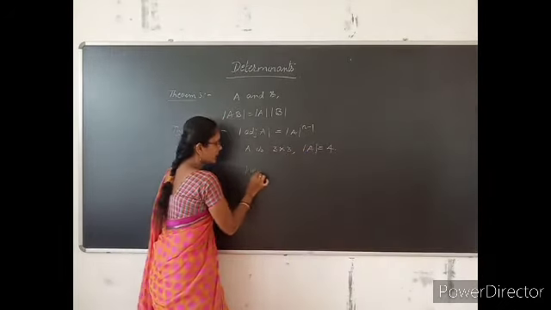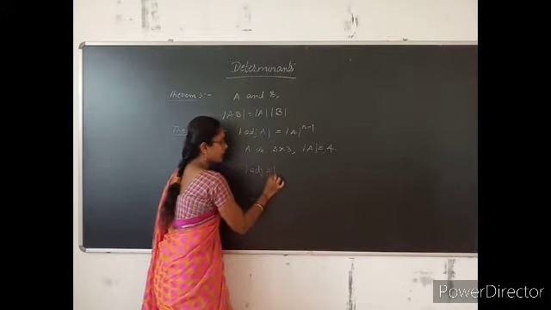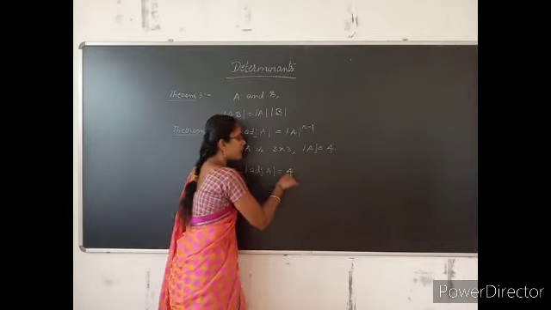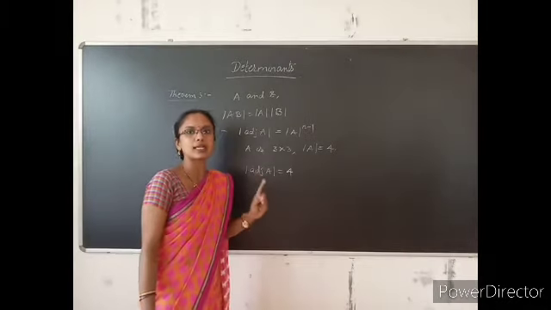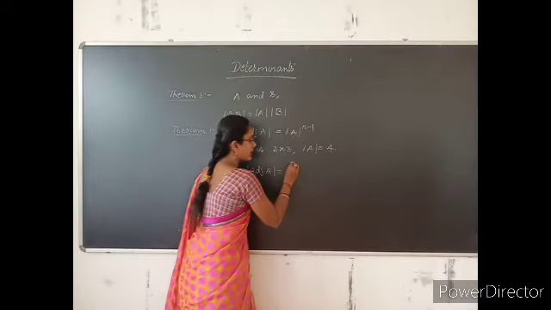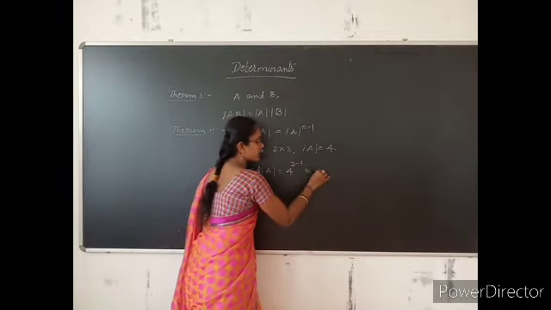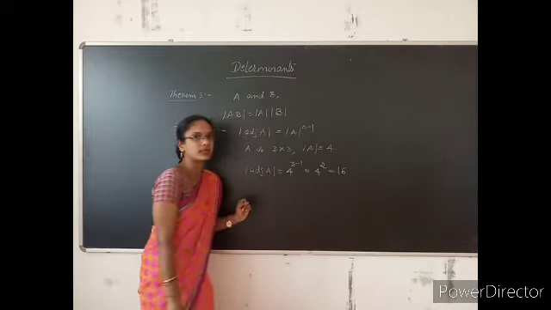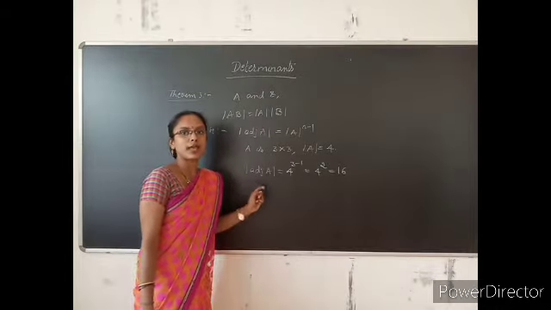Determinant of A is 4, to the power n minus 1, where n is the order of the matrix. Order is 3, so n is equal to 3, and 3 minus 1 is 2, so this is 4 square, which is equal to 16. So this is the determinant of adjoint A.